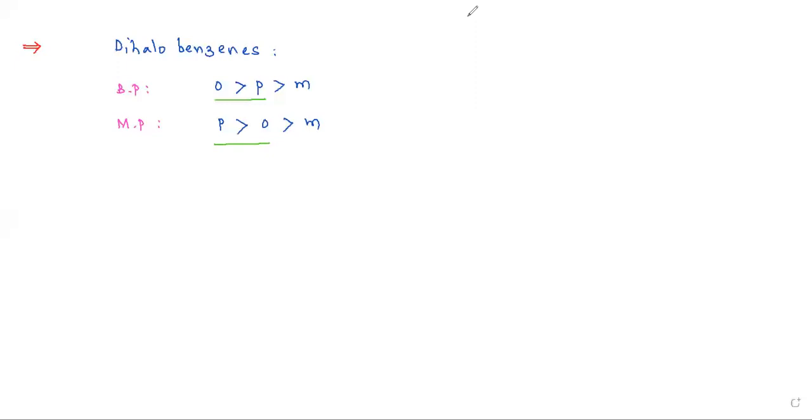See, the para isomer has got a higher melting point than the ortho one. It is because of the symmetry that it has.